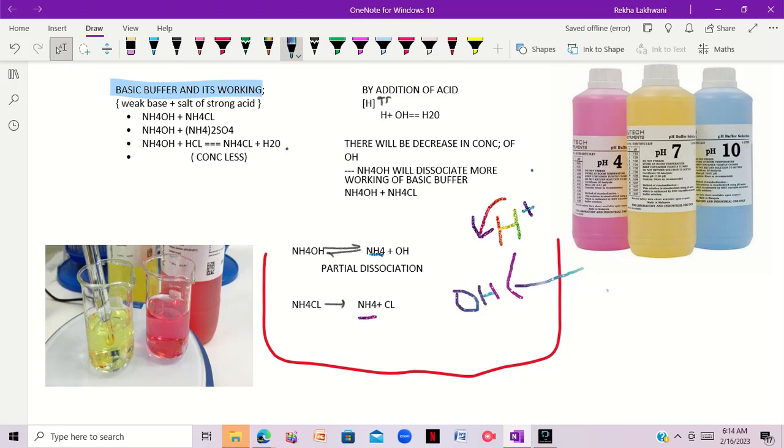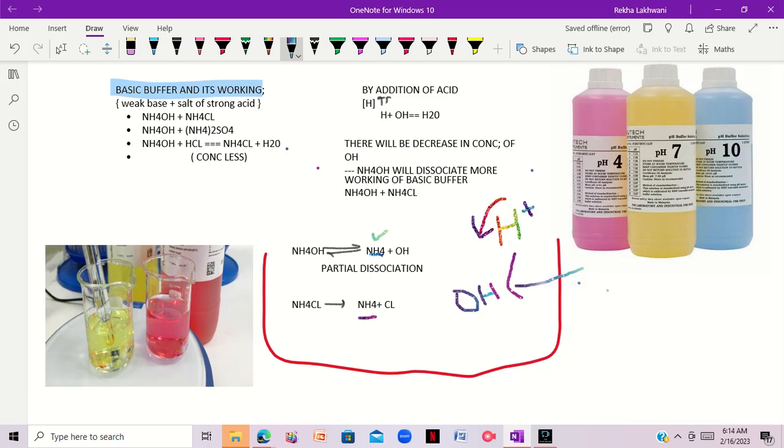Okay, when the base is added, the OH will combine with ammonium and form ammonium hydroxide, and then this ammonium hydroxide will not dissociate because the amount of ammonia is also increasing, because it is coming from here, and from here too, from both sides. So how will it decrease? It will not decrease because this ammonium chloride is a strong electrolyte. Obviously, there will be 100% dissociation.